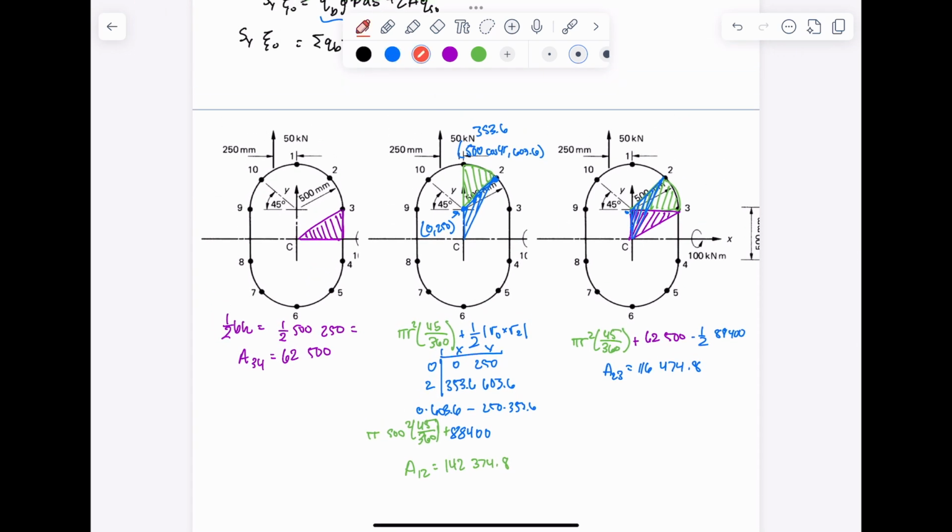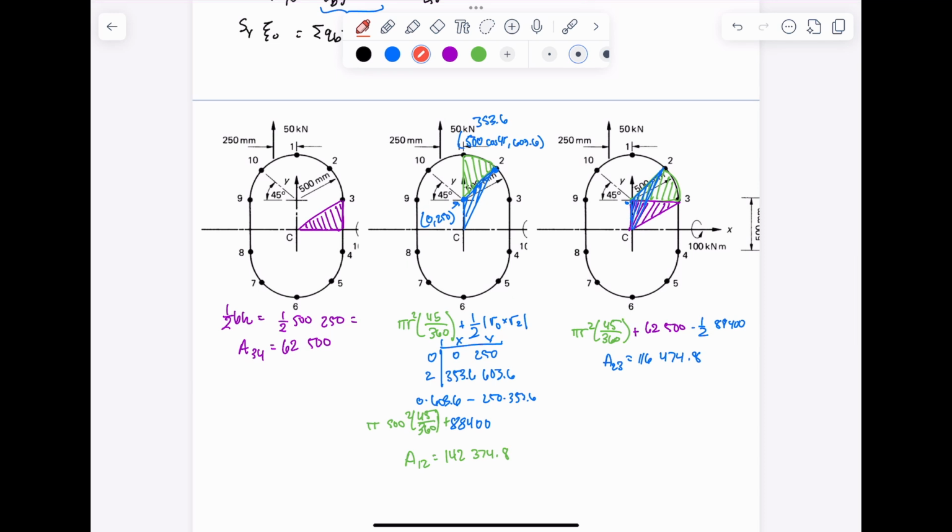And that's the area that we found. We also know that, based on geometry, we can say that area 3,4 is the same as area 9,8. Based on geometry, we can say this and this are the same.